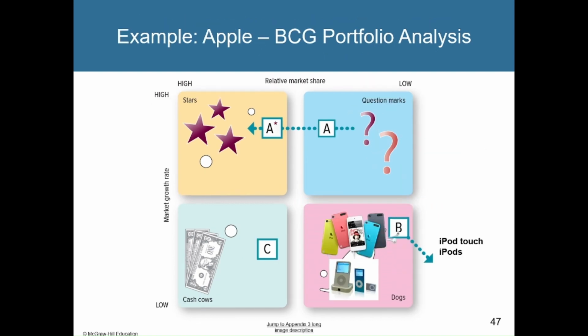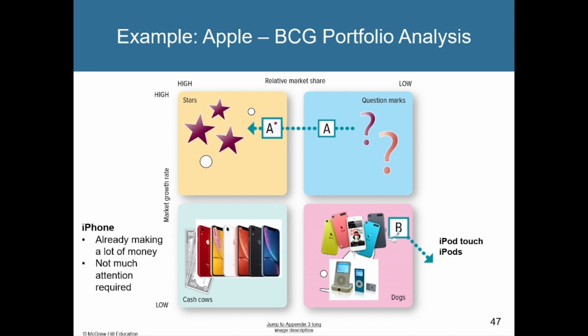Next, I'm going to talk about Apple and give you some examples of doing BCG portfolio analysis. The iPod used to be a cash cow for Apple, but right now it has gone to the category of dogs because it's not available anymore. So Apple has already divested this product line.